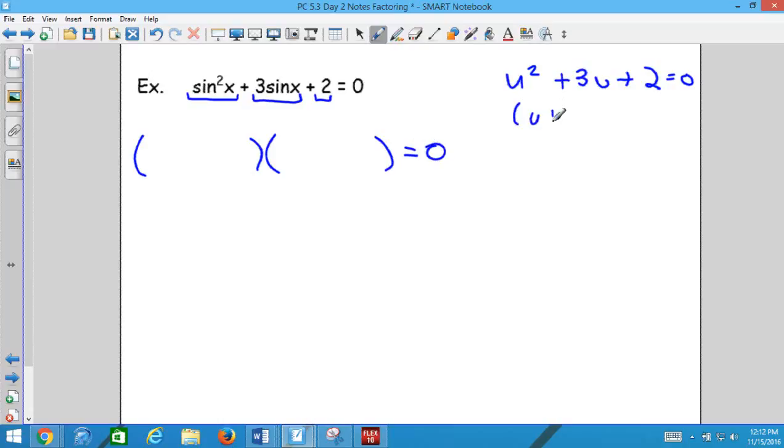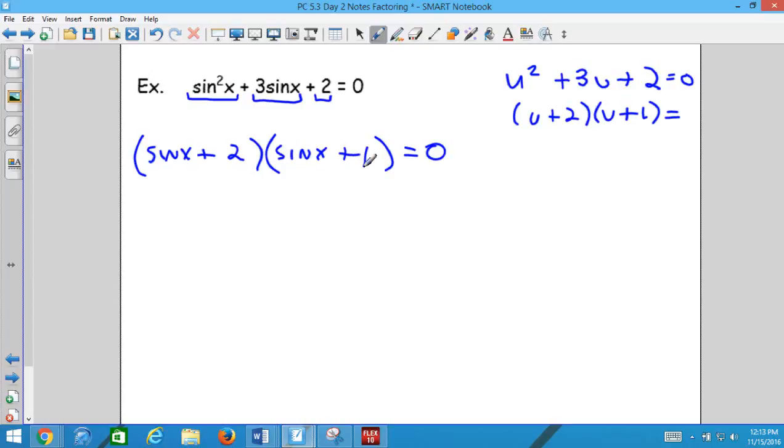This would be what? U plus 2 and u plus 1. But it's not u. What is it? Sin x plus 2, sin x plus 1. If you're not sure if you factored it correctly, you could FOIL it back together just to check.